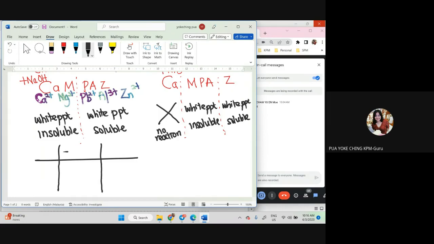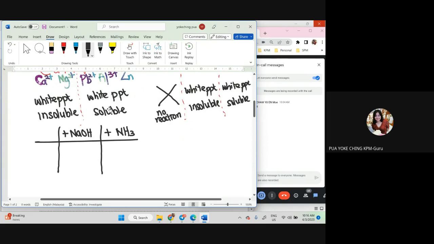Okay. Tambah NaOH. Tambah NH3. Ada lagi 3 yang berwarna. 3 yang berwarna pertama Cu2+, kedua Fe2+, ketiga Fe3+. Okay, ini lagi senang. You remember their color, right? This is blue.